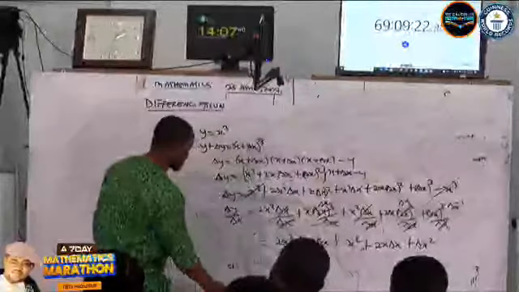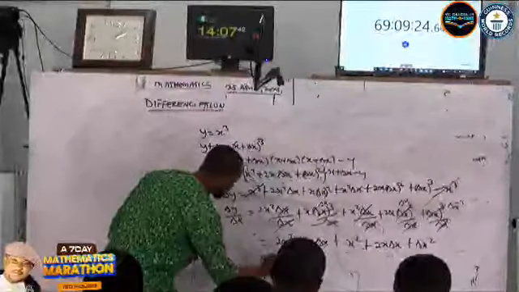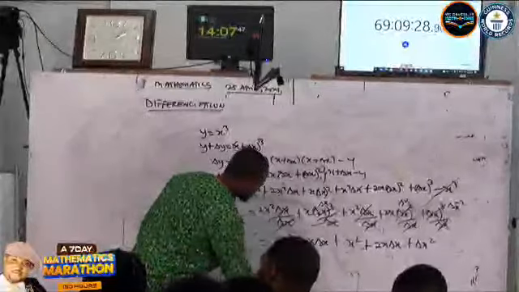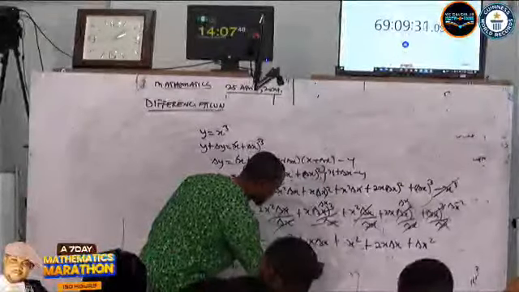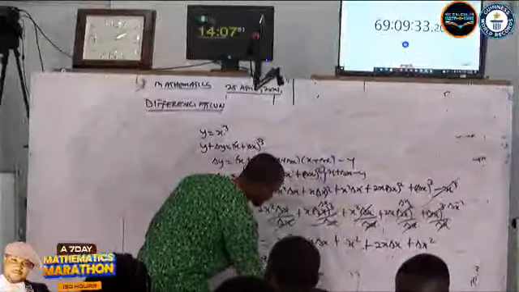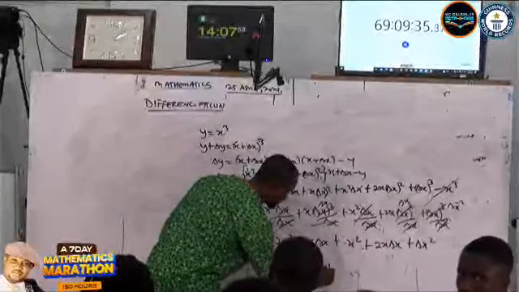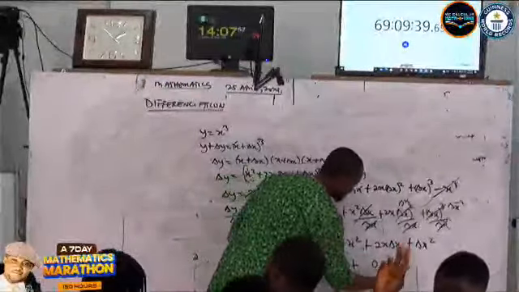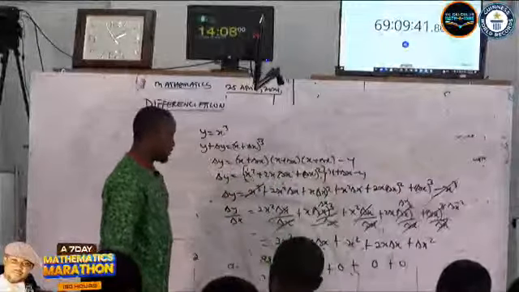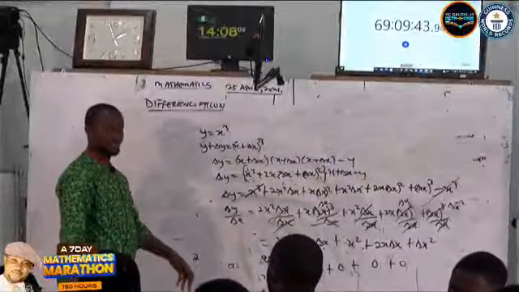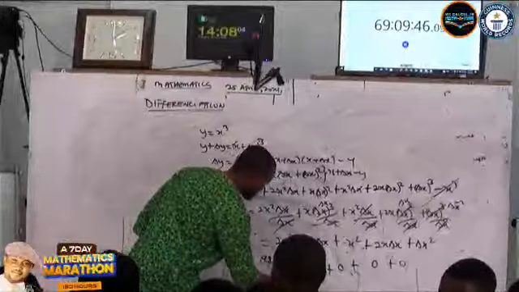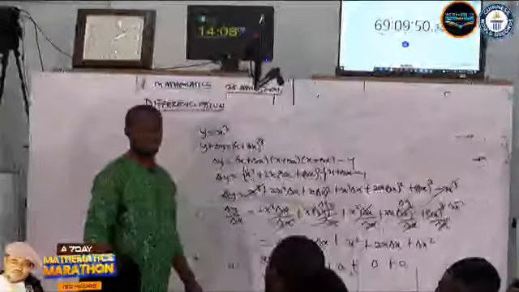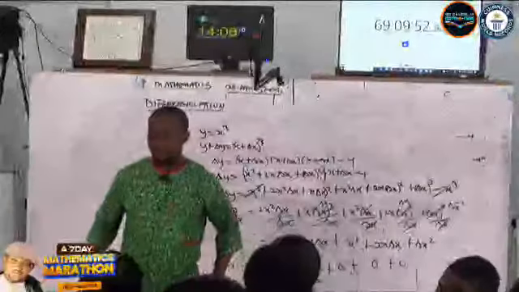So from there, as change in x tends to 0, 2x squared, if you add this, you have 3x squared plus 0 plus 0 plus 0. So that is equal to 3x squared. Even though you add or you don't add, you still get the same answer. How come, sir?